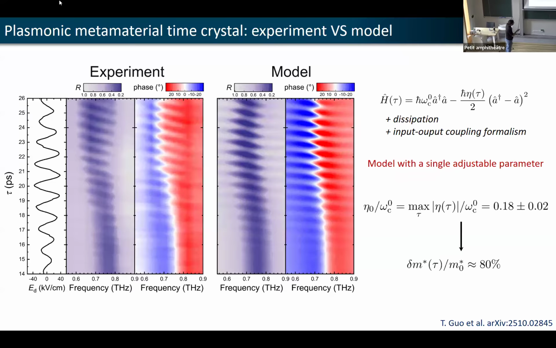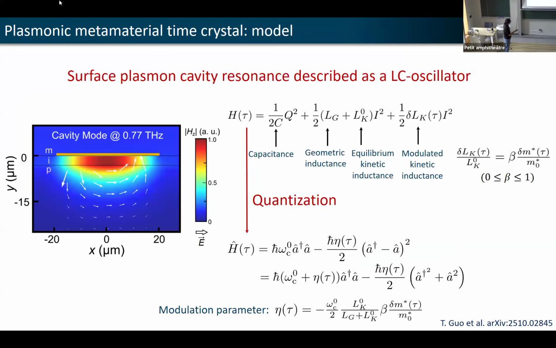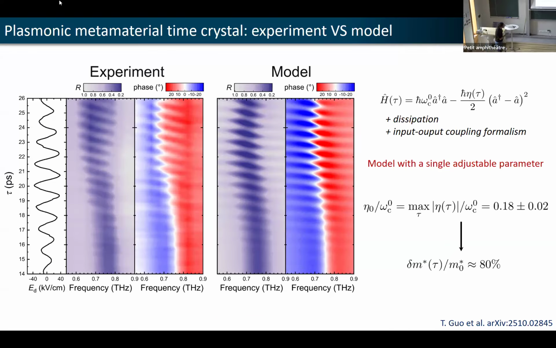What we get from this comparison is a modulation parameter, which modulates the bare cavity resonance frequency. So this tells you the strength of the modulation relative to the cavity frequency. This relative modulation of the cavity frequency is of the order of 20%, which in this system, if you convert to effective mass modulation, is 80%.